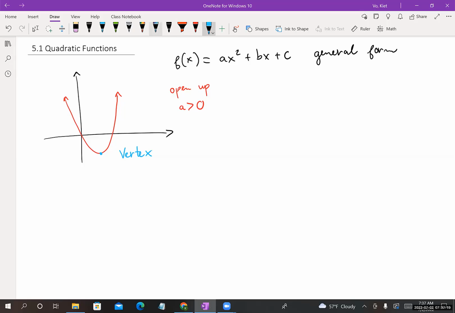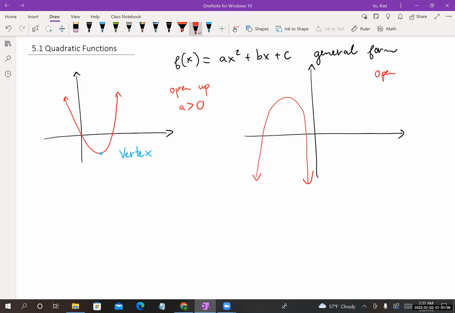Now, similarly, we could have a parabola that opens down. So let's say we could have something that opens down like this. And in this case, the coefficient a is less than 0.